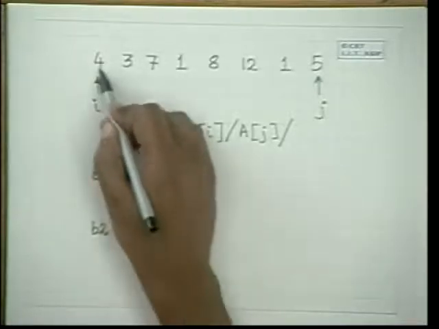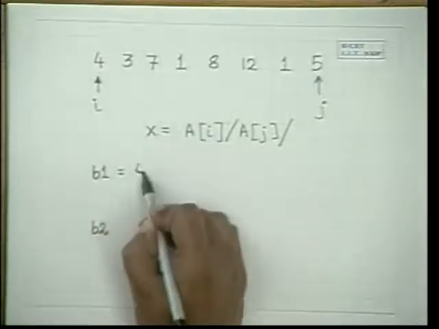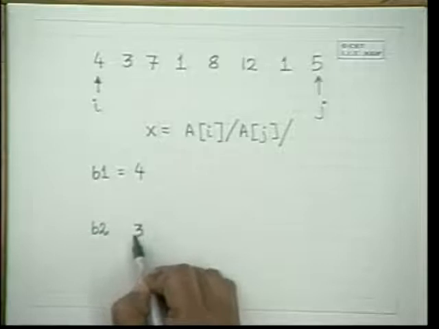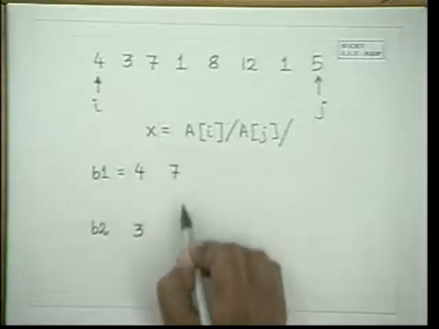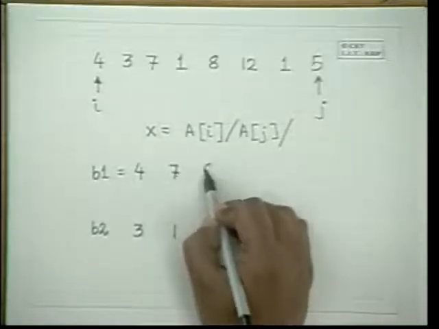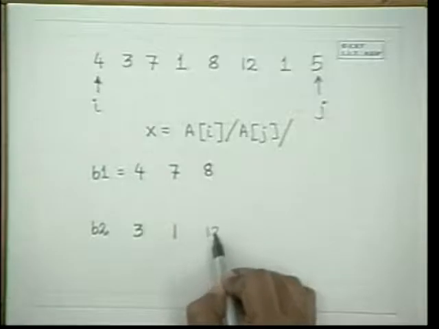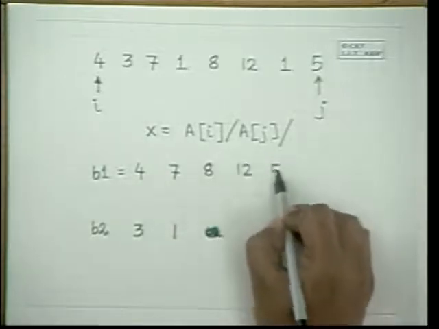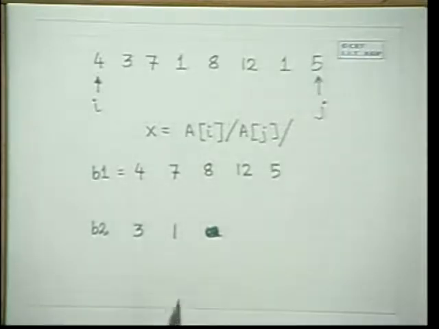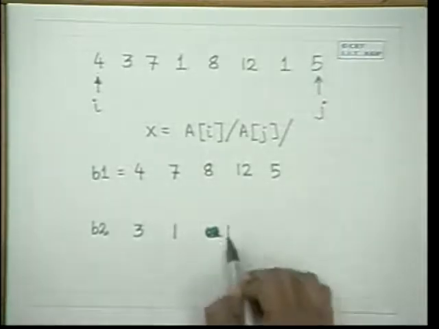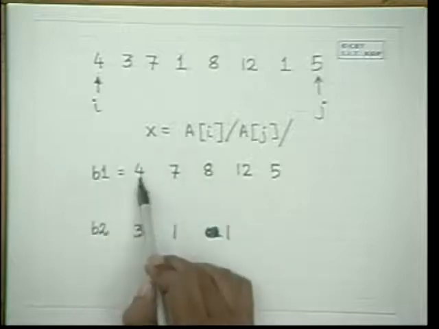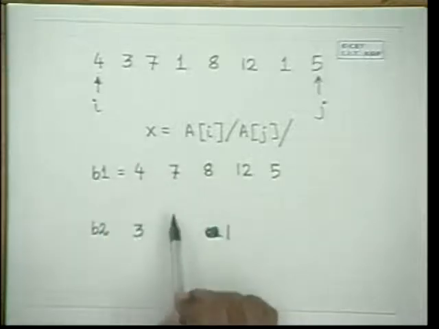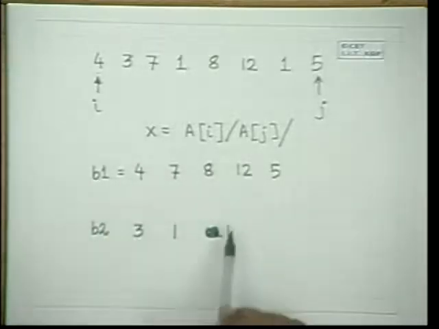So first we start from here. 4 goes here, 3 goes here, 7 goes here, 1 goes here, 8 goes here, 12 goes here, 1 goes here, 5 goes here. Sorry, 4, 3, 7, 1, 8, 12, 1, 5.